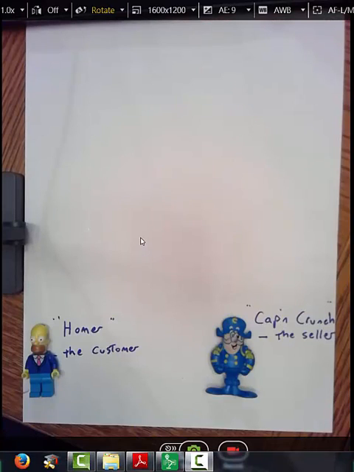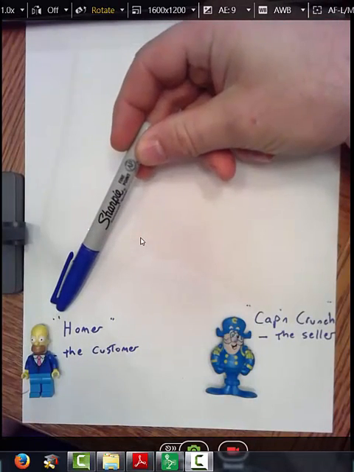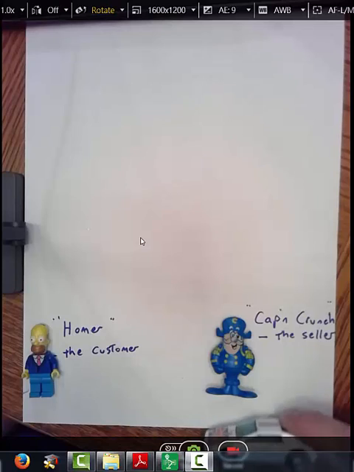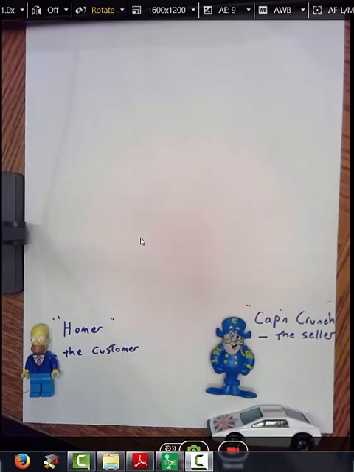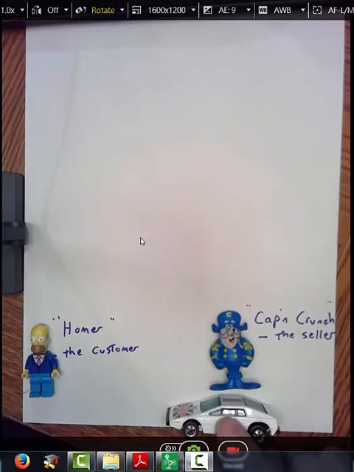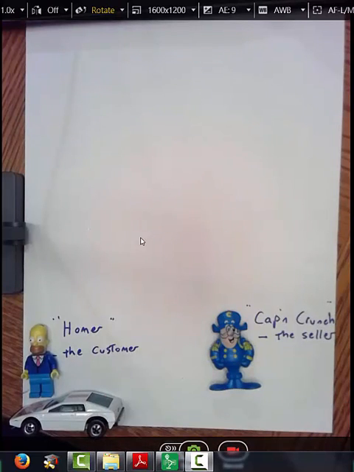Okay, let's say we have a customer. Let's say Homer is our customer, and let's say we have a seller, and that is Captain Crunch right here. Captain Crunch sells cars, okay? And so Homer Simpson wants to buy a car, and this car is $10,000. So Captain Crunch sells the car to Homer for $10,000.